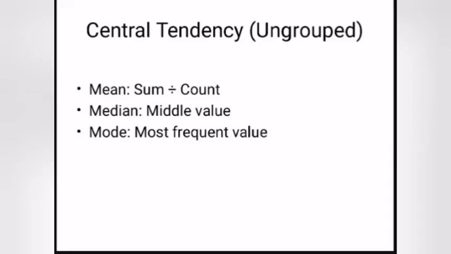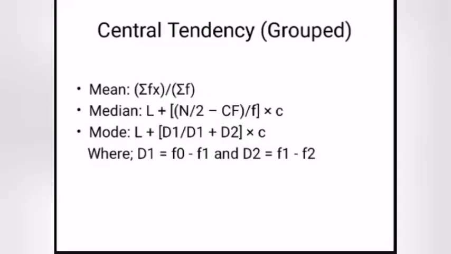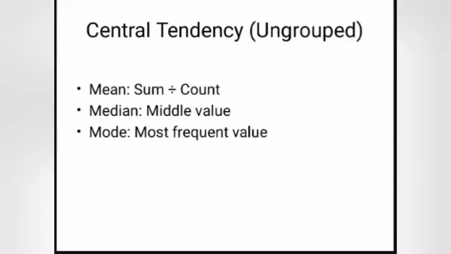For example, if I had 1, 2, 3, 3, 3, 4, 5, the mode is 3 because it occurred 3 times, so it has the highest occurrence. So that's what mean, median, mode is for ungrouped data.